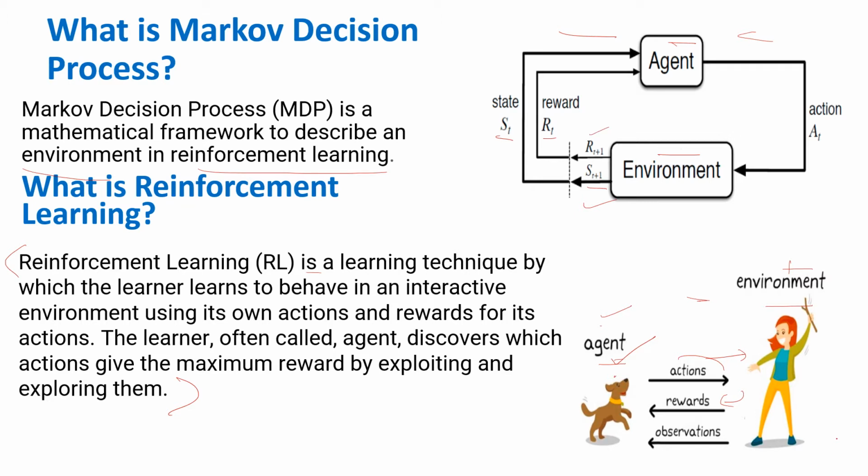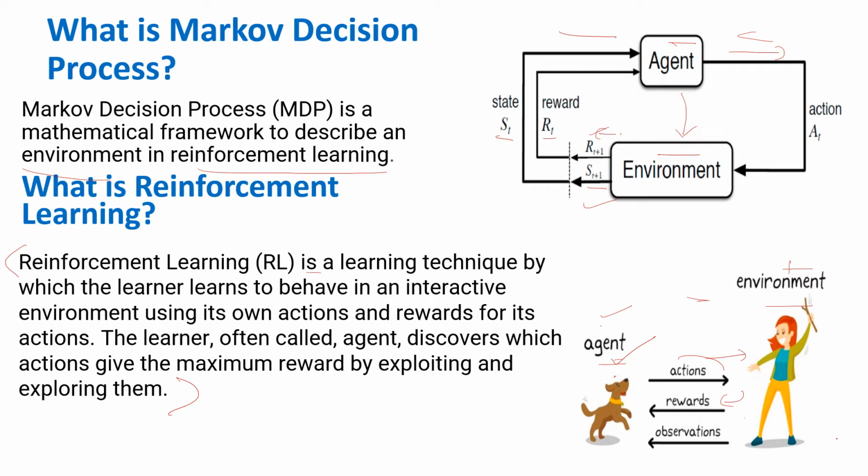We'll understand this. When the agent is interacting with the environment, the agent can be in n number of states. For instance, if the dog is lying on the floor, that is one state. If the dog is standing up, then that is another state. For each and every state the agent is in, it will exhibit a certain action A. With that action A, the environment is going to give some reward.